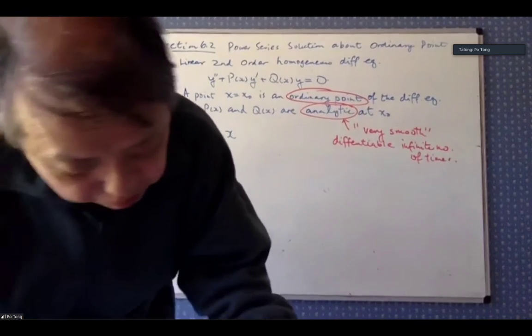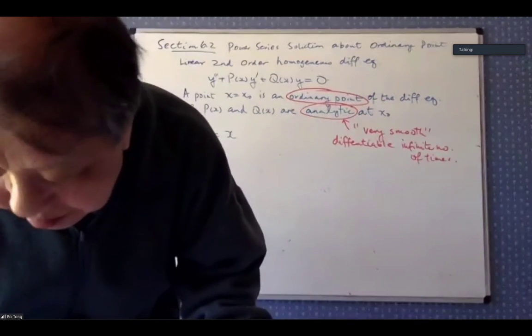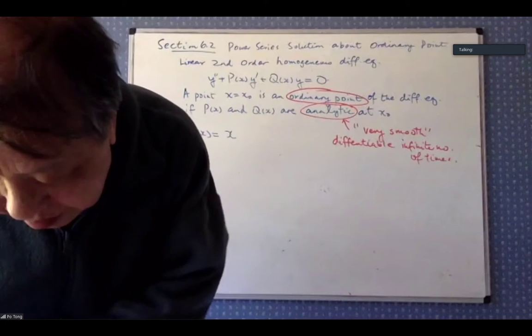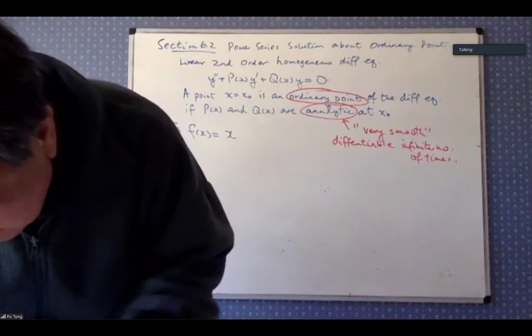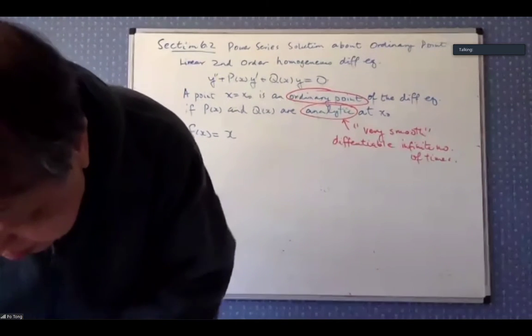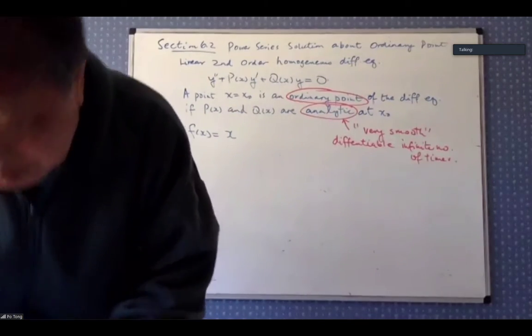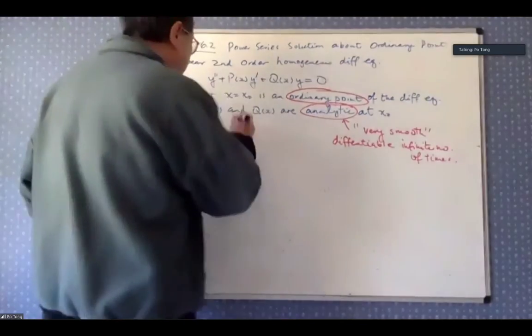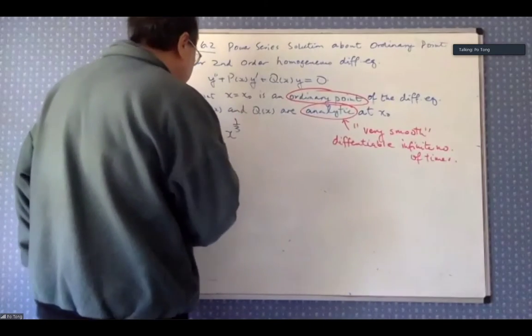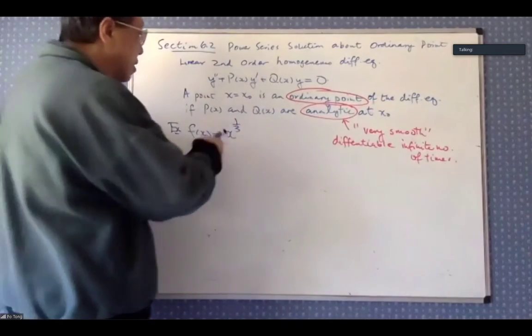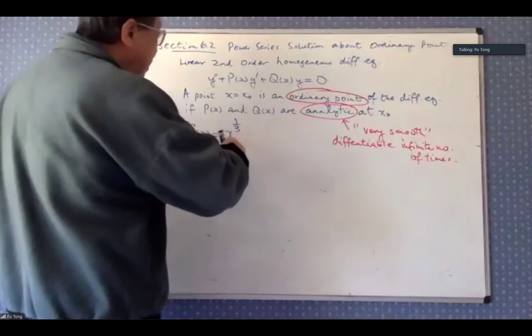Let me see what my example is here. Probably it's like x to the power 1/3. Okay, this one is still pretty smooth.